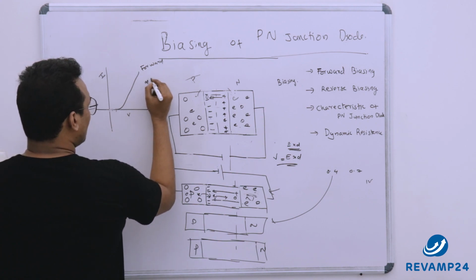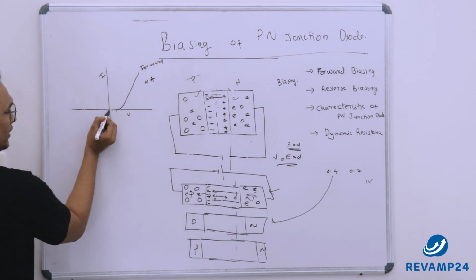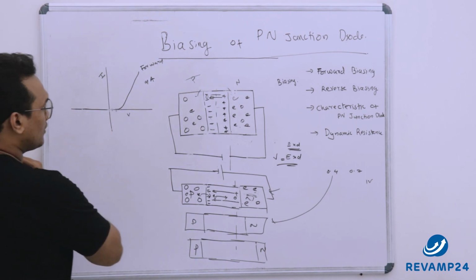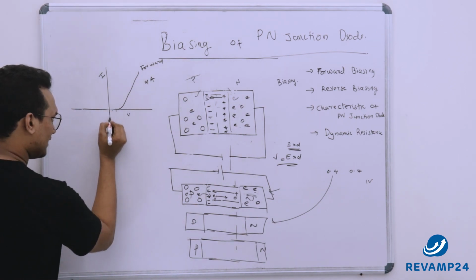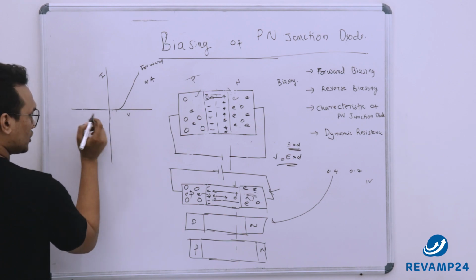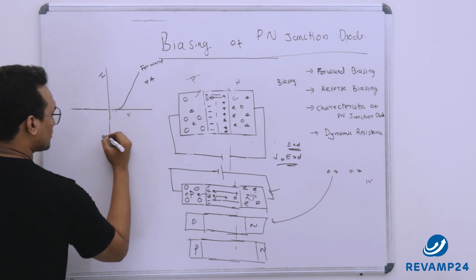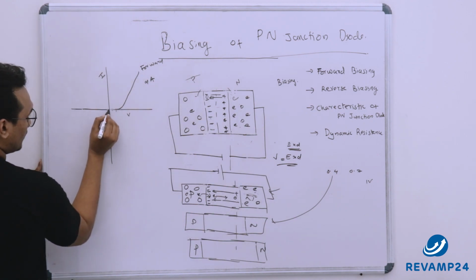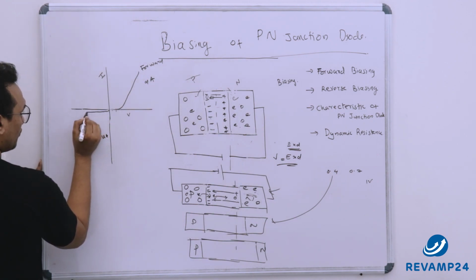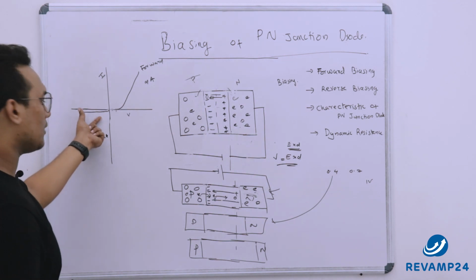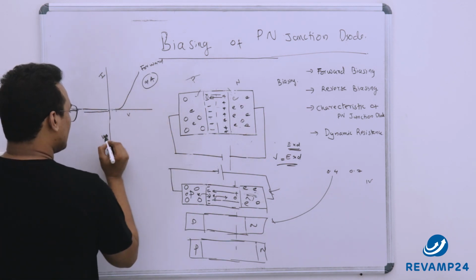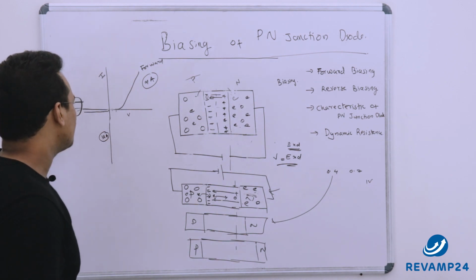This is measured in microampere. If I draw this in milliampere, I can never find a current here, so I am going to take the scale of reverse bias in microampere, so that I am able to plot a small amount of current. This current would be almost the same. Don't compare this with this. This is made with milliampere, this is made with microampere.